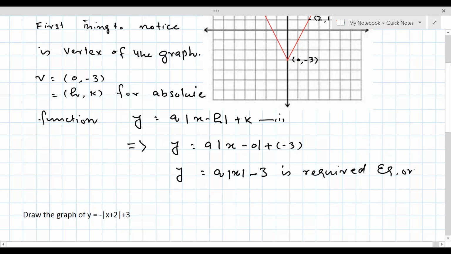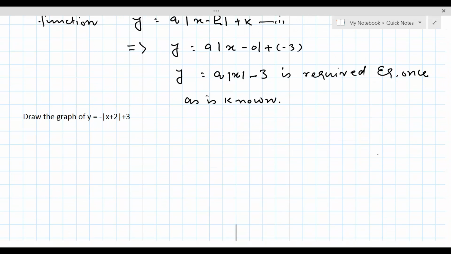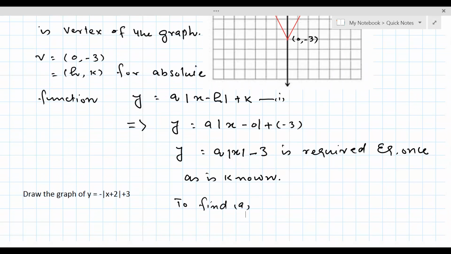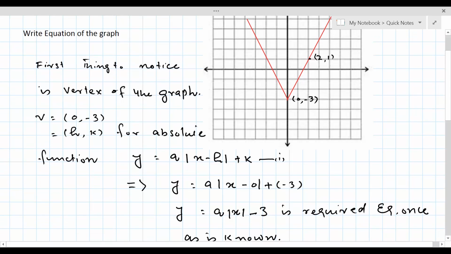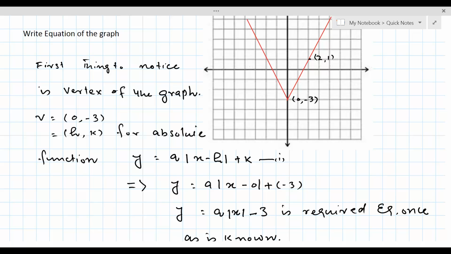Once a is known. To find a, we have different options. Either we can look at the pattern of changes in the values of y for every step toward the right.